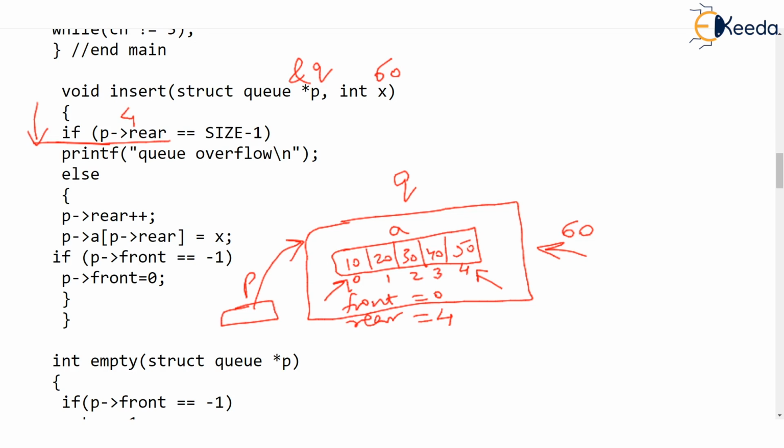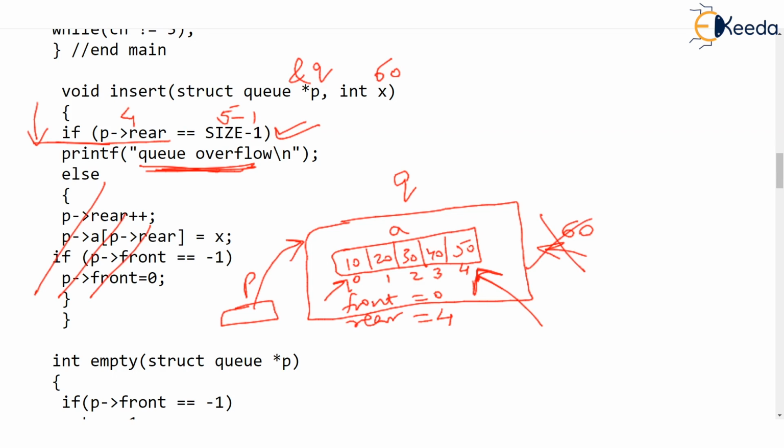Yes, P arrow rear is 4, and size minus 1 is 5 minus 1, which is 4. So this condition is true. It means even the final location of the array is storing some value. As this condition is true, our program will shout queue overflow and not go to else. So insertion of 60 is not allowed.